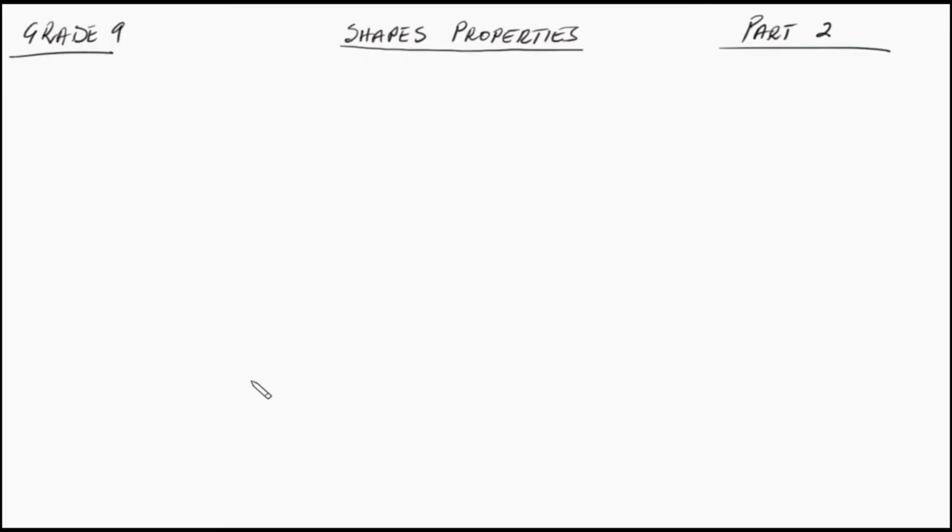Okay. Now we will continue with shapes properties in grade 9. So this is our part 2 of the discussion or the presentation. All right. So now we are going to be focusing on corresponding angles, and then alternate angles.